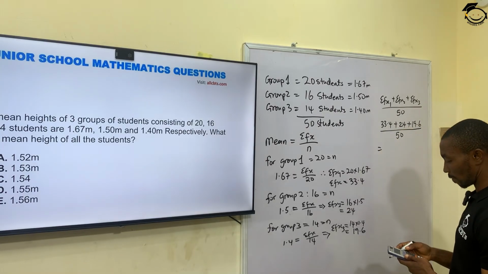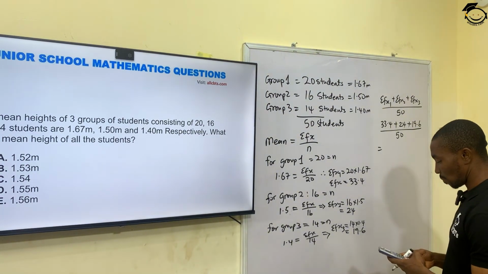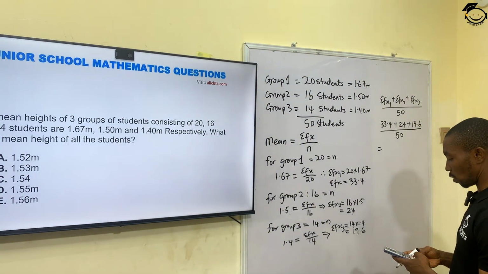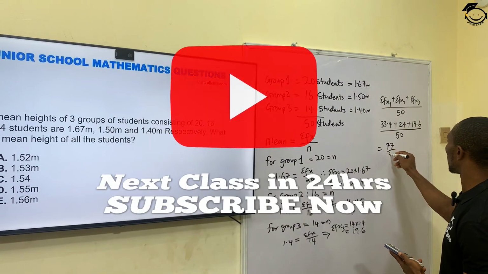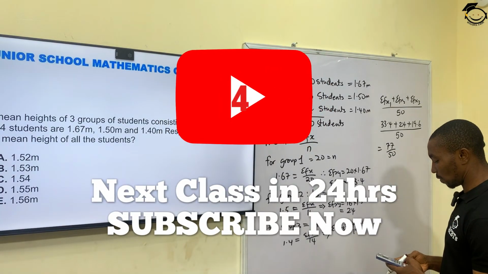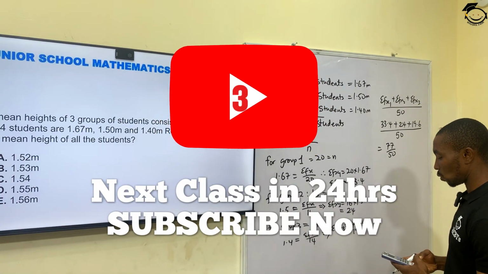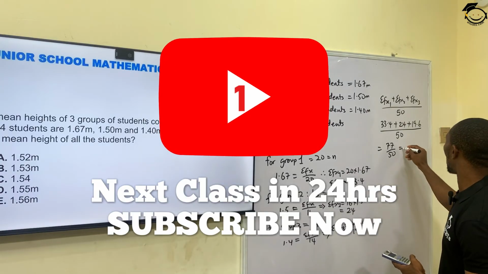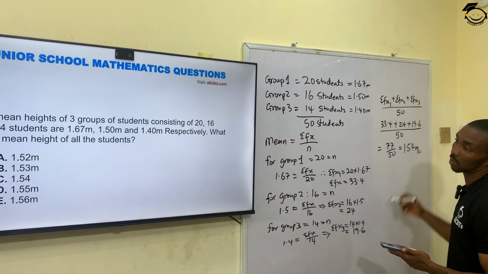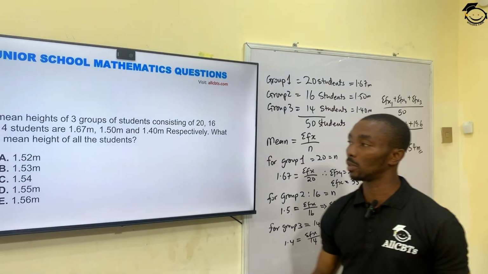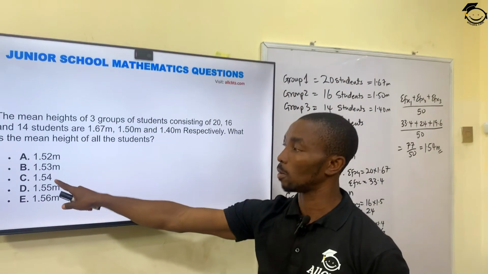This will give us 77 over 50. So 77 divided by 50, the mean height for the 50 students will be 1.54 meters, which is our option C.